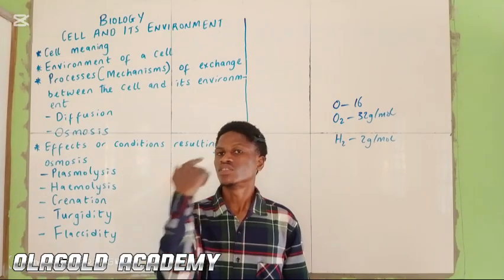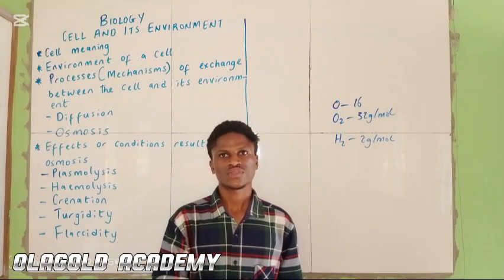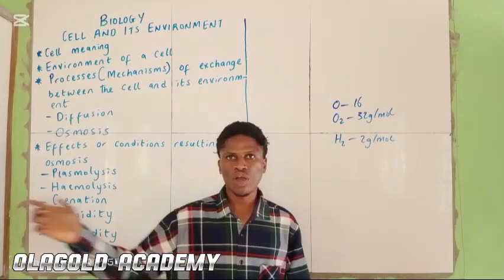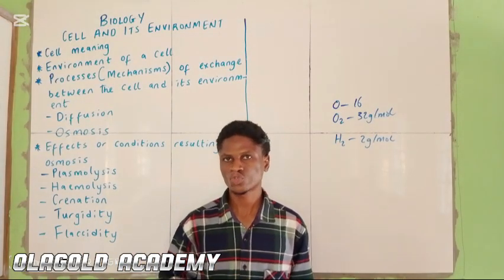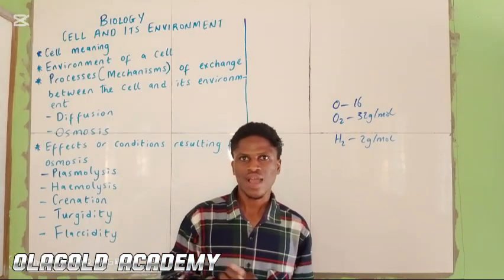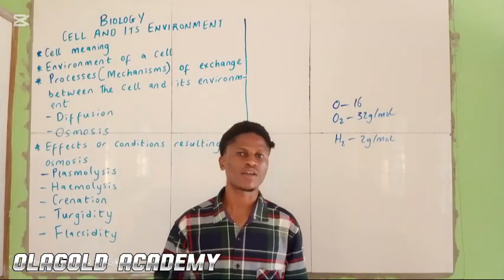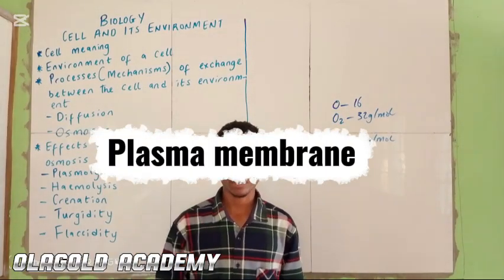That is the outer part of the cell that allows particles to come in and particles to go out through the plasmodesmata. Through the plasmodesmata, particles come in and go out of the cell membrane or the nuclear membrane.